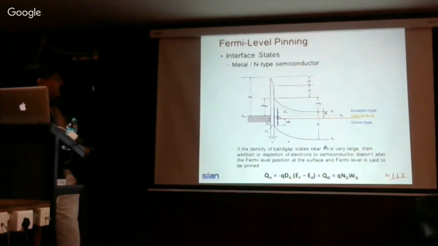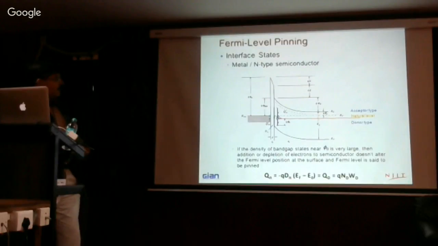And in this area, if you have a large density of these things, then if you look at the total charge at the interface, the QIT, let's say, this is similar to the QD. That means a depletion layer is formed, which is ND and WD. And that depends on the Fermi-level difference there, EF minus E0.